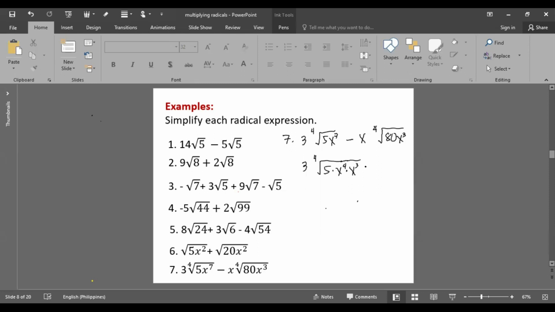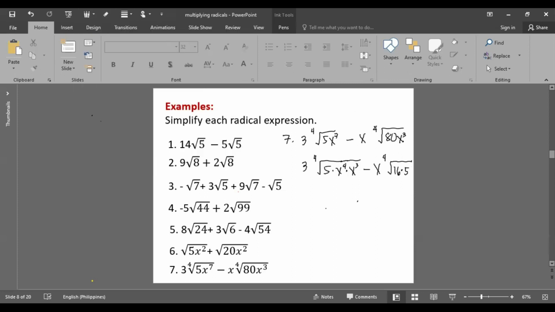Now let's have the second term. Minus x, then the fourth root of, what are the factors of 80? The factors of 80 wherein one of the factors has a fourth root are 16 times 5 because the fourth root of 16 is 2 because 2 times 2 times 2 times 2 is 16 times 5 it's 80.